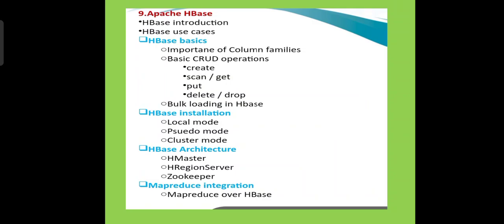C for create, S for scan, P for put, and D for delete. HBase installation in local mode, pseudo-distributed mode, cluster mode, HMaster, HRegionServer, ZooKeeper, and MapReduce installation. You already saw that, right?